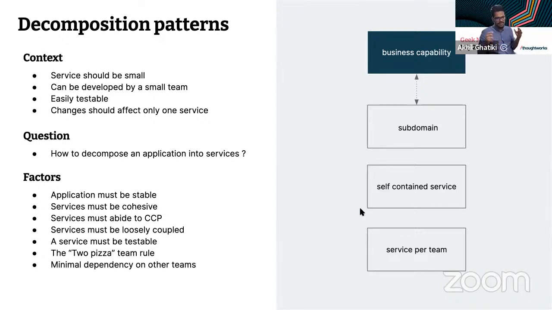I'm talking at a very low level now, not the architecture level, but the code implementation level at a class level. So if you're making any change, the classes that are going to be impacted by this change should be within the same package or the same directory. You should use this kind of thinking when designing the services. So whatever business logic impacts other business logic, you should try to keep them in one service.